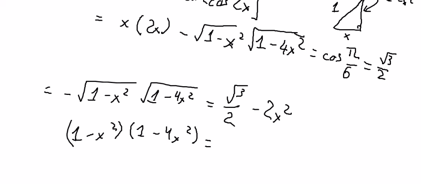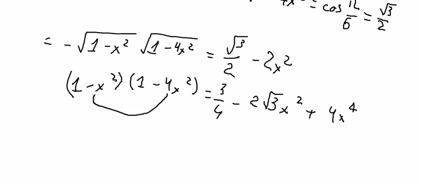You get 3 over 4 minus, we multiply this one, and you get 2 multiplied with the square root of number 3 s square plus 4s to the power of 4. This one with this one you get 4s to the power of 4. Number 1 with negative 4s square, and you get negative 5s square, and we have number 1.